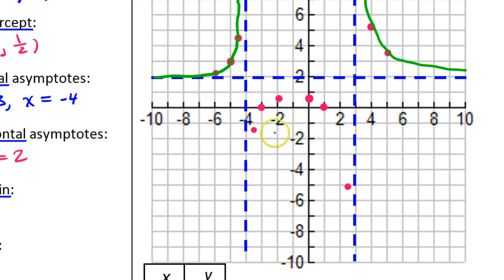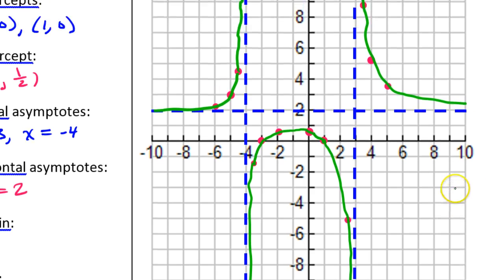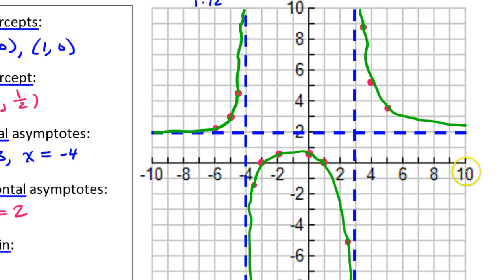All right, and we have a branch, this sort of upside down U shape, doing something like this. Okay, so this is basically what the graph looks like.